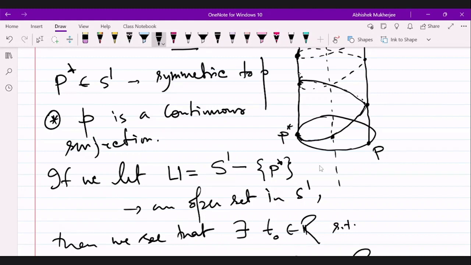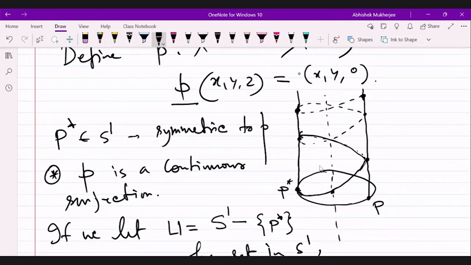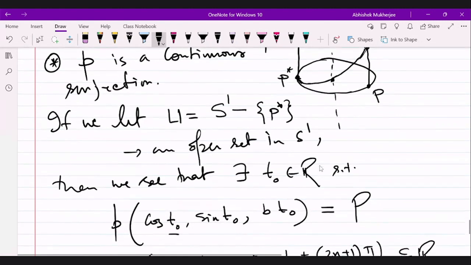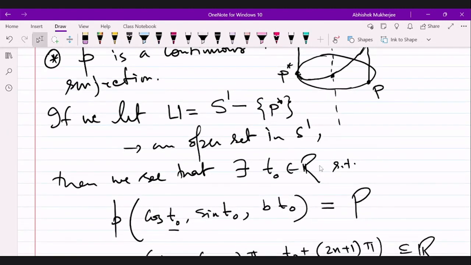So for n equal to 0 you get this, and if you take n equal to 1, you will get the other one, up to this. If you take n equal to minus 1, then you will just move down here and you will get that arc.